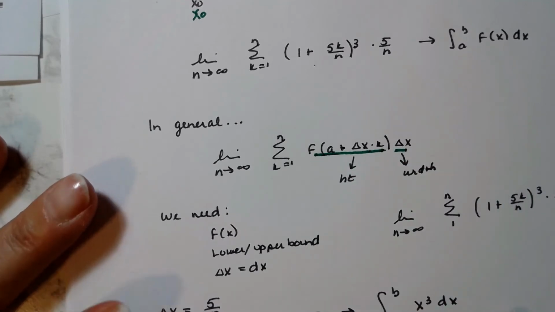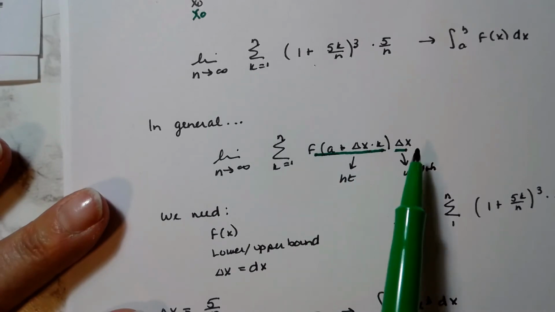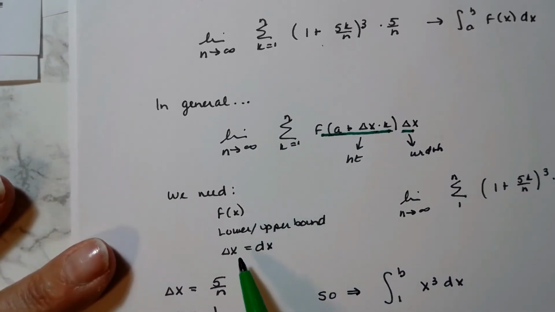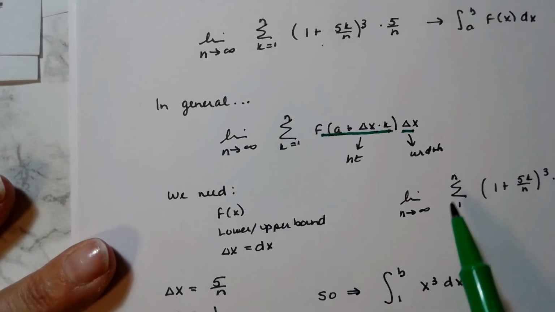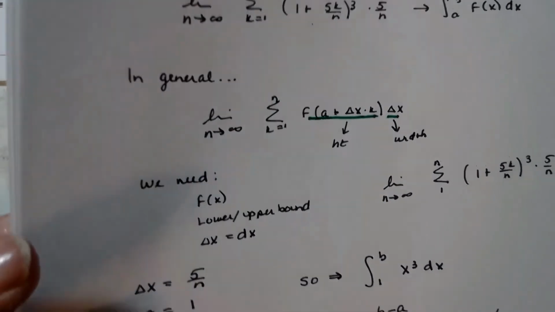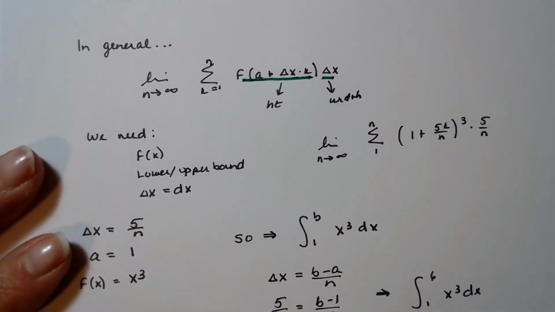So what you really need to do is know this little form here and think about what is the function, and what is the lower and the upper bound, because you need them for your limits of integration, and delta x is just going to be dx in your integral. So this is what we're handed here.